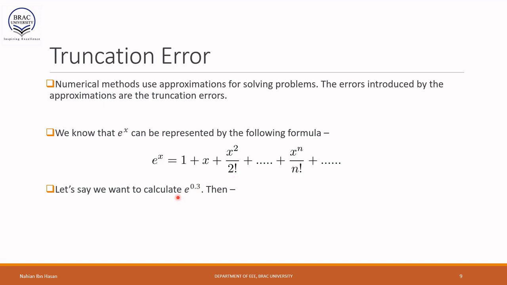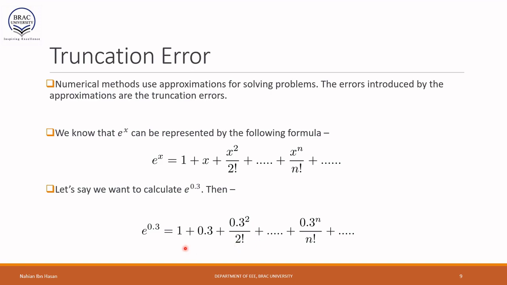For example, you want to calculate e to the power 0.3. Okay, so x is replaced by 0.3, then the equation would be something like this: 1 plus 0.3 plus 0.3 square by 2 factorial plus dot dot dot. So up to which term do we keep the series?